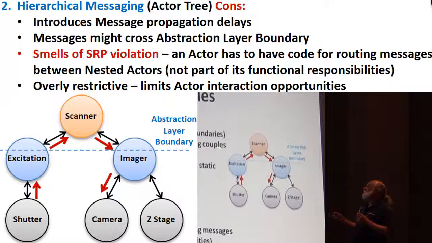But what is important to me as an architect is that those messages cross the abstraction layer boundary, and that the scanner actor doesn't really suspect there is a shutter. It still has to forward the message to the camera. So you need to decide how to do this.